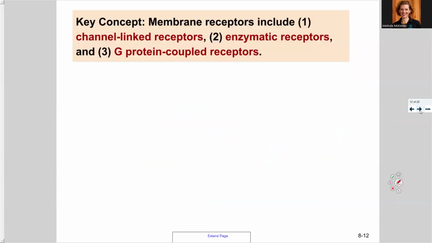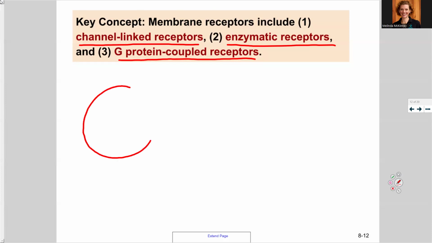So receptors include channel-linked receptors, enzymatic receptors, and G protein coupled receptors. So let's go over each of these. So if I have a cell membrane, I can actually have say an ion channel embedded in the membrane, and it's going to open in response to receiving a signal.